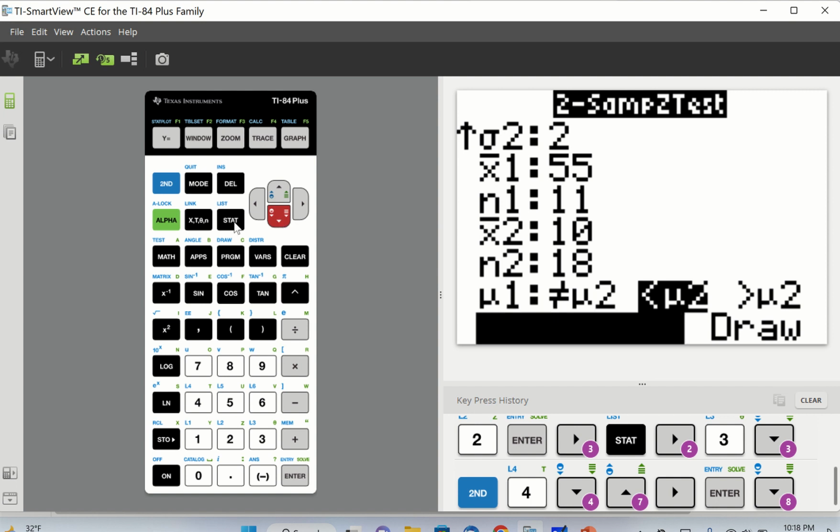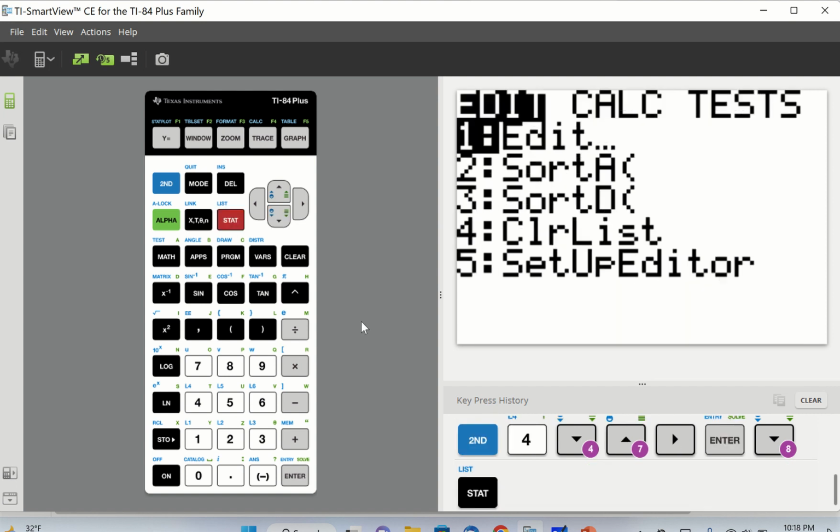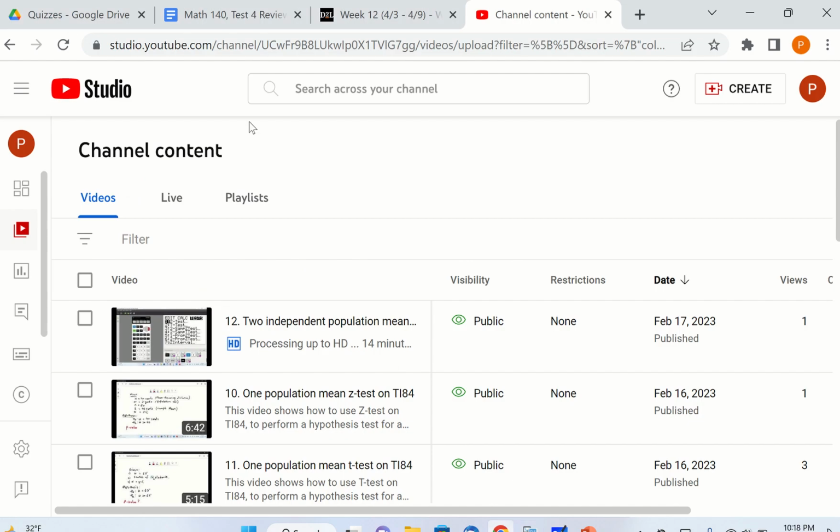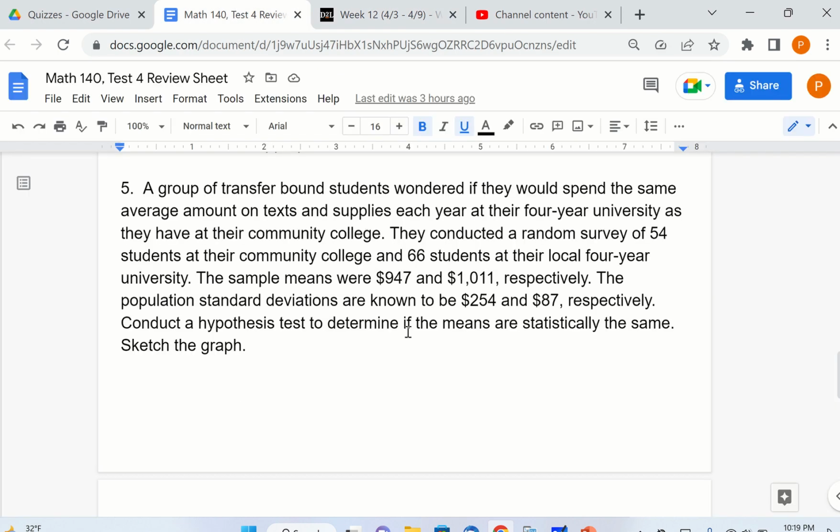Let's go back to Stat and take a look at an example to follow through. We have a group of transfer-bound students who wondered if they would spend the same average on textbooks and supplies each year at their 4-year university as they have at their community college. They conducted a random survey of 54 students at their community college and 66 students at their local 4-year university.